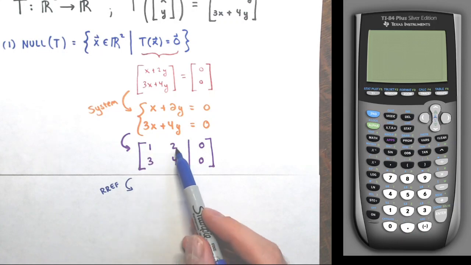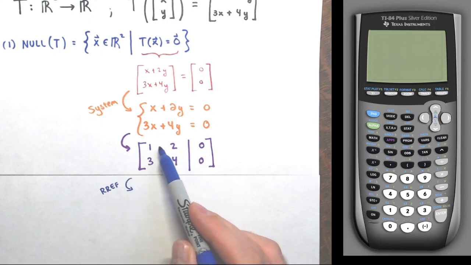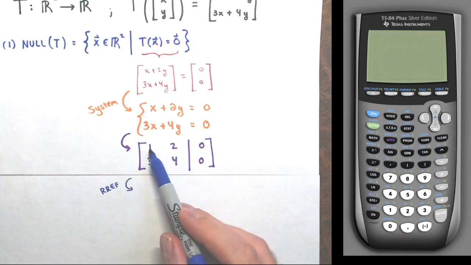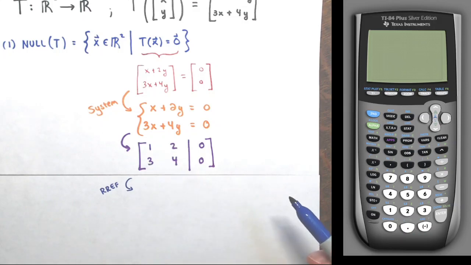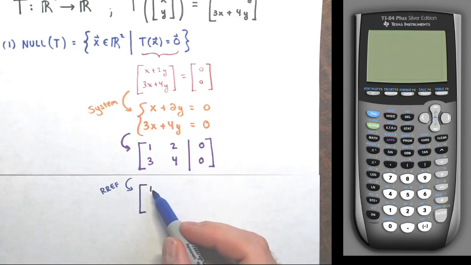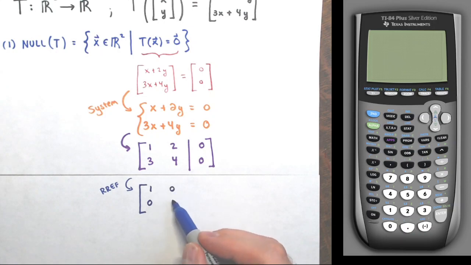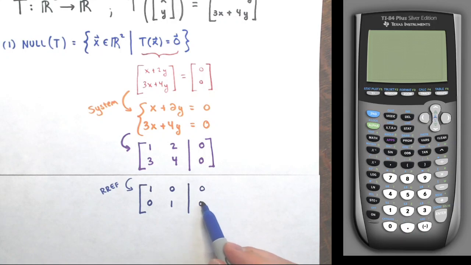If you look at the left side as the coefficient matrix, this 1, 2, 3, 4 has a determinant of 4 minus 6, which is -2, which is not 0. So that's going to be row equivalent to the identity matrix, 1, 0, 0, 1. If you were to perform row operations and put this into reduced echelon form, you'd get this here with 1, 0 in the first row and 0, 1 in the second row.